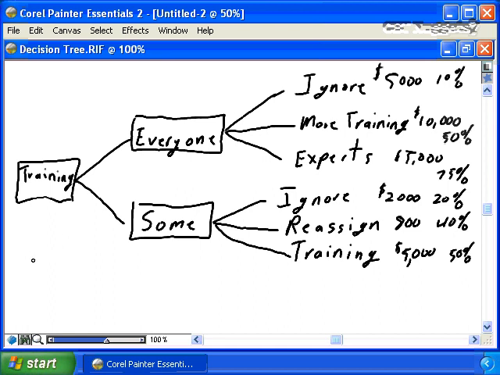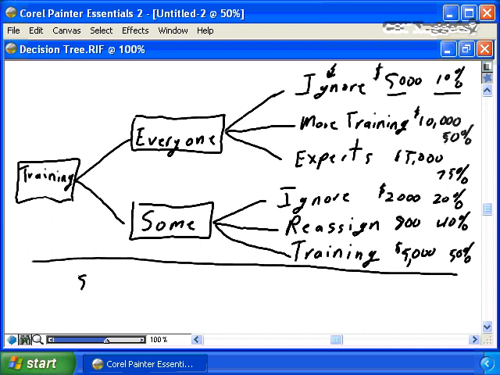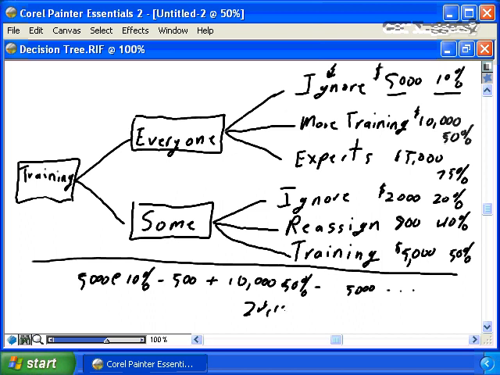So once you've completed the decision tree, identified all of the appropriate actions that you're going to take based on the scenarios for the project, determined the cost and the probability, you simply begin to do the math where you take $5,000 at 10%, or an expected value of $500, plus the training at $10,000 at 50%, or $5,000, and so on for each of the others, and you come up with an expected value of $24,100.